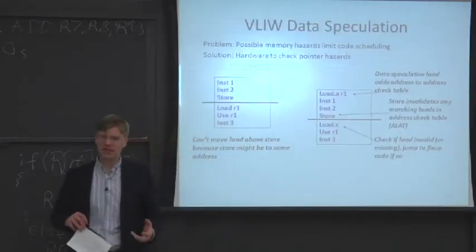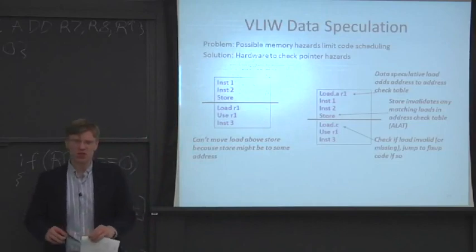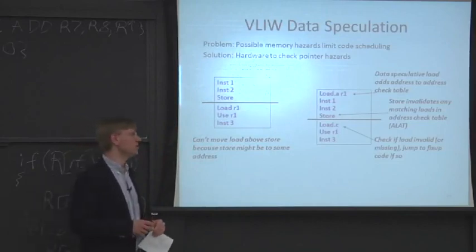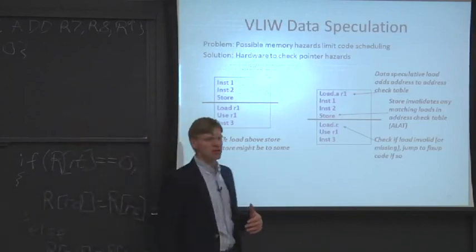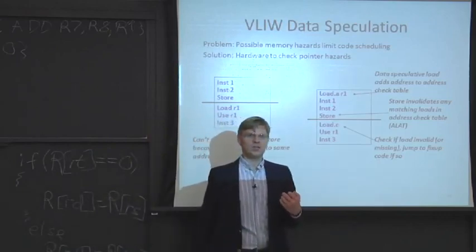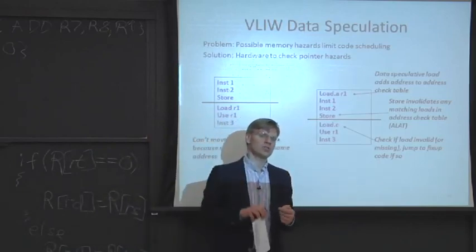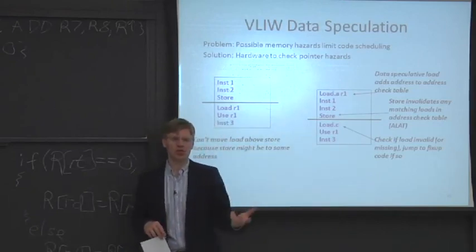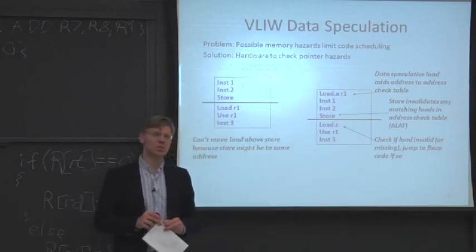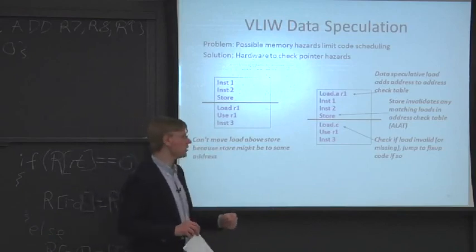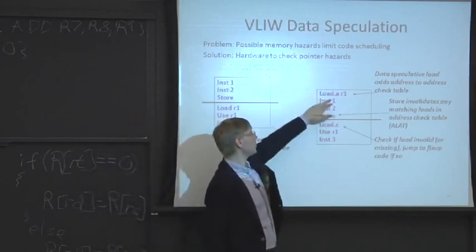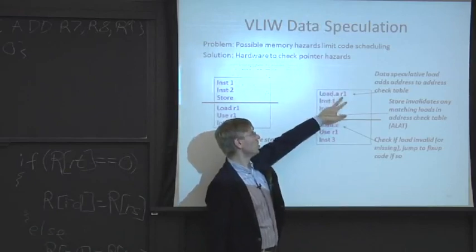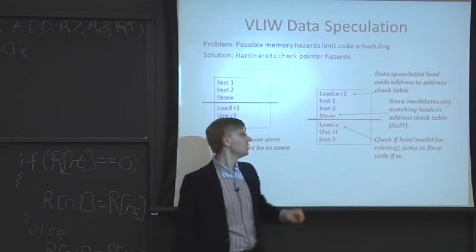And this is basically speculating that the load and the store don't hit the same address. Much the same way that when we reordered loads above stores in an out-of-order superscalar, we added the load address to a load store queue and a memory disambiguation queue, we're going to do the same sort of thing here. When we move this load up, we're going to have a different instruction here, a load and add.